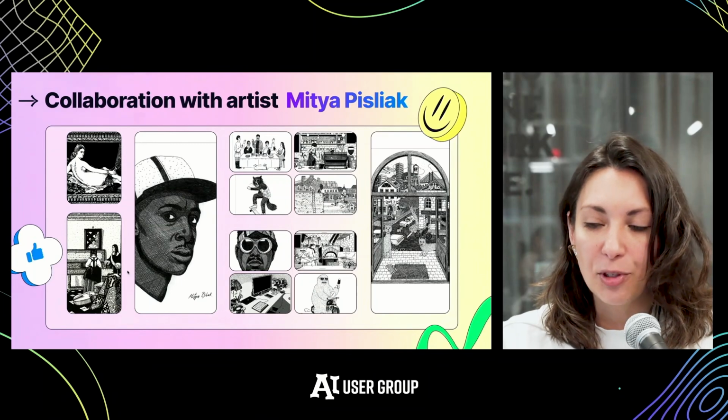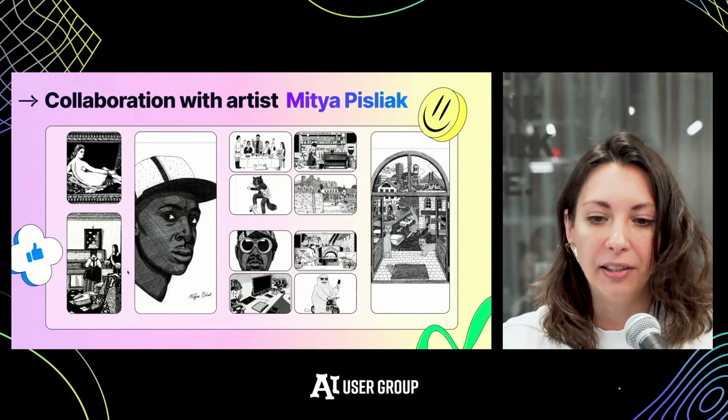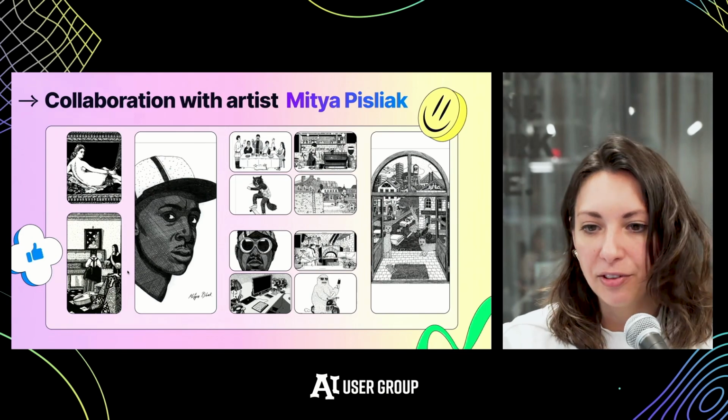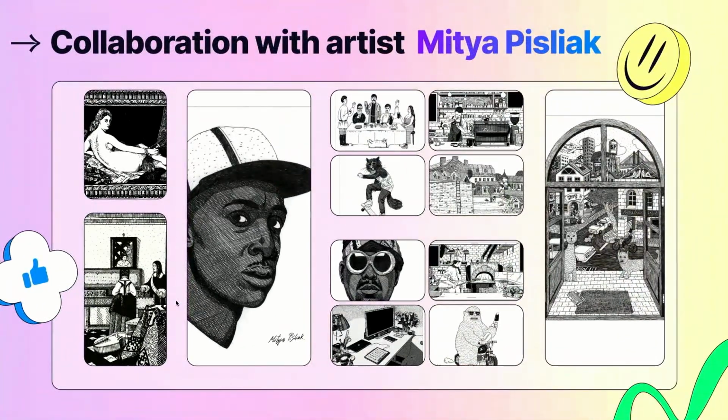And another idea which makes me so excited right now: we decided to collaborate with real artists, some of whom we found in our community on Discord. For example, Mitya, who lives in New York. This is not AI art, it's real art, and he agreed to give us a couple of his art pieces.